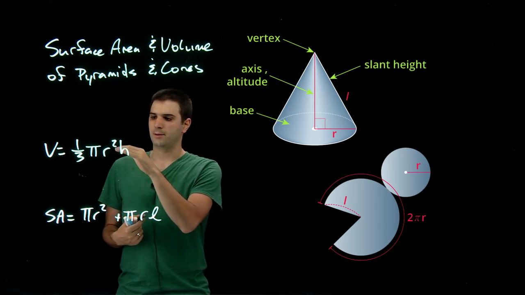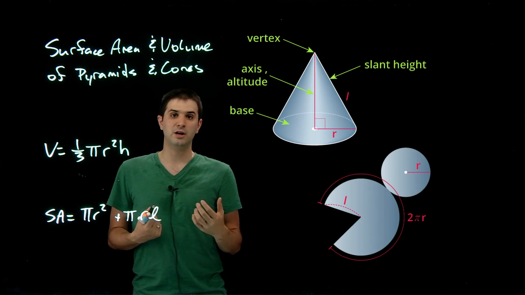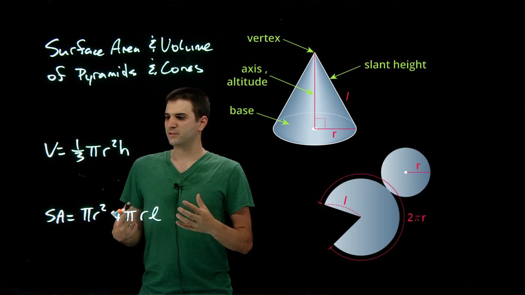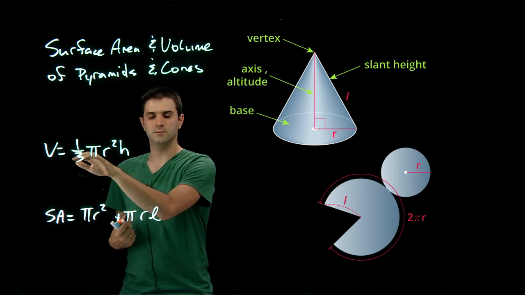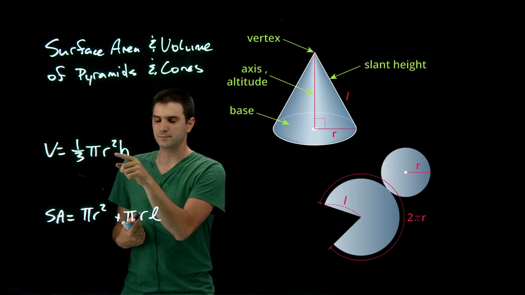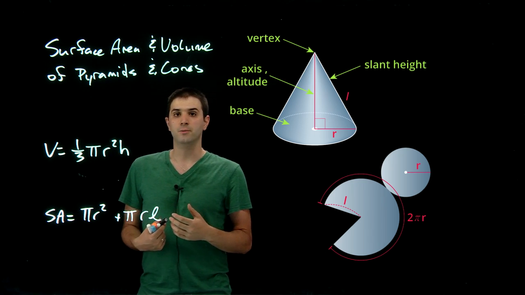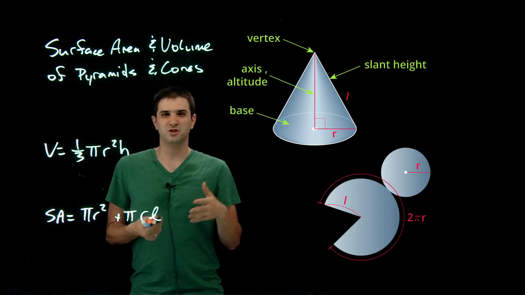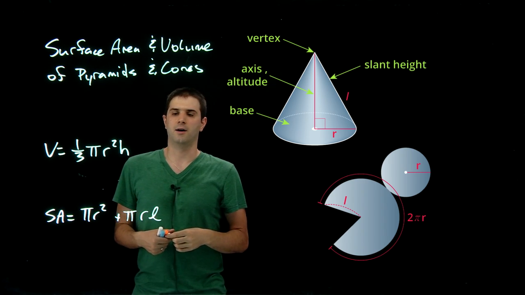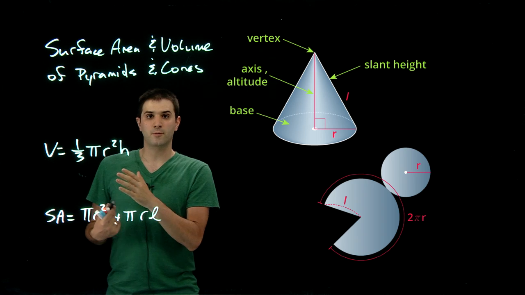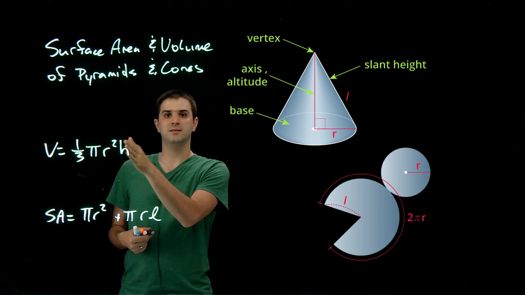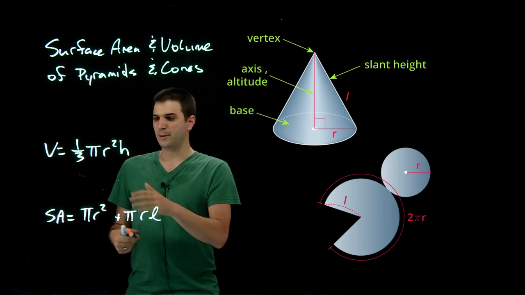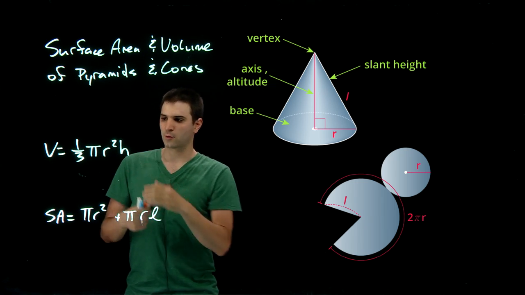If you think about a cone as a pyramid with a circular base, then all we've done is replace the area of the base in the volume of a pyramid with the area of a circle. The volume of a pyramid is 1/3 area of the base times height, and for a cone the base area is pi r squared, times h.